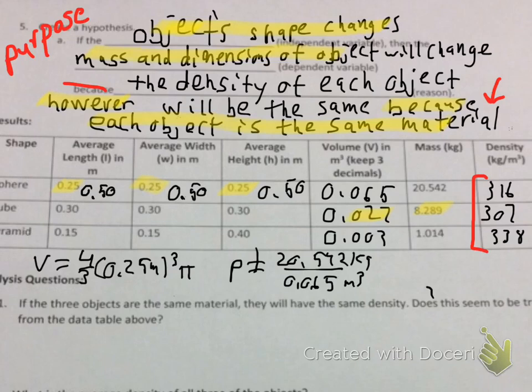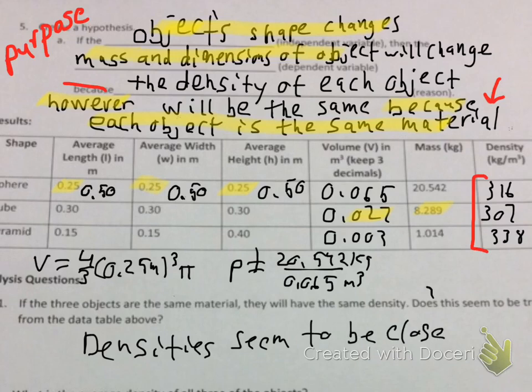So the densities are relatively close to that 320 kilograms per meter cubed value. Are each of them the same? No. Some are low, some are high. Okay, and we'll talk about the reason for that later.